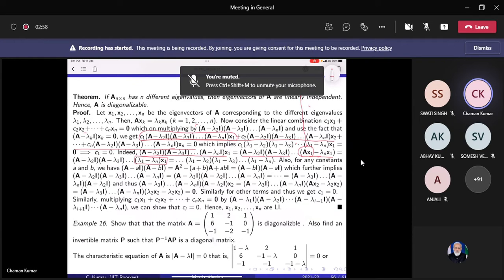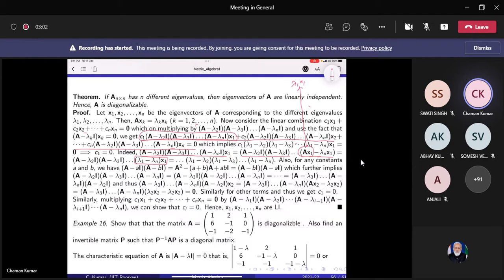Now lambda 1 minus lambda 2 is a constant, so you can repeat this operation and ultimately this first term will be equal to lambda 1 minus lambda 2, lambda 1 minus lambda 3, and so on to lambda 1 minus lambda n.